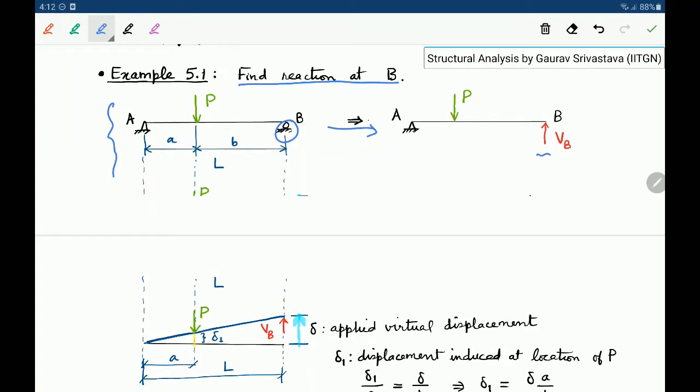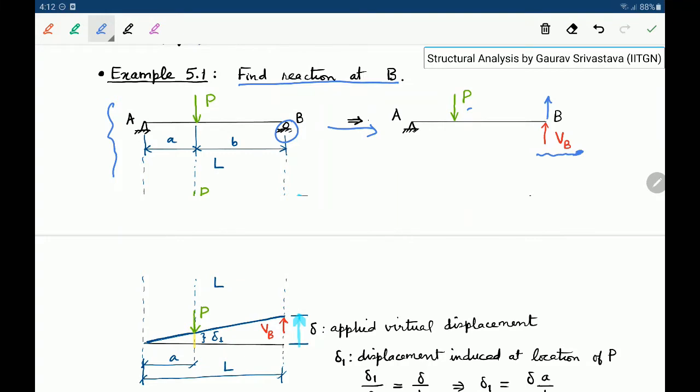After removing the support at B, the force VB comes into play, so that gets revealed. This P is the real applied force, and this VB is the real reaction due to that applied force. Now wherever the unknown force is acting, we apply a virtual displacement.